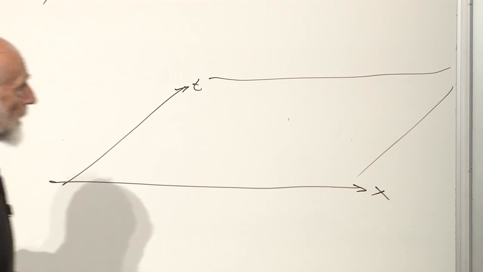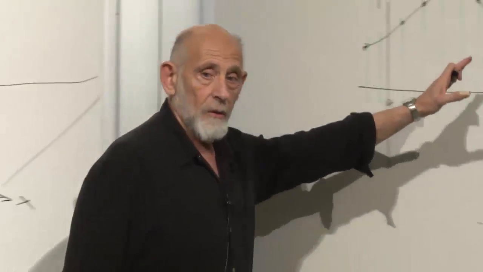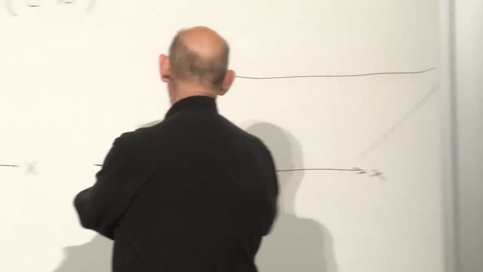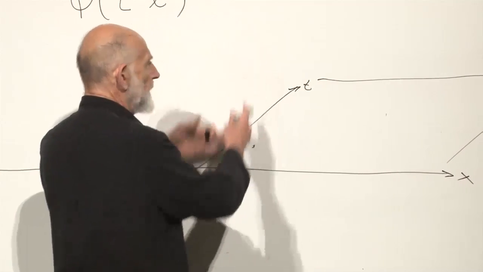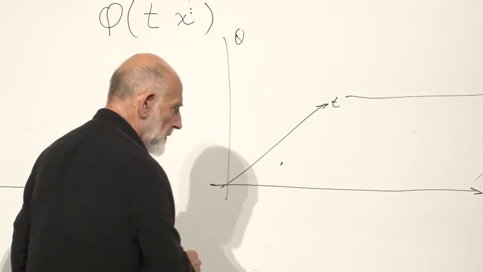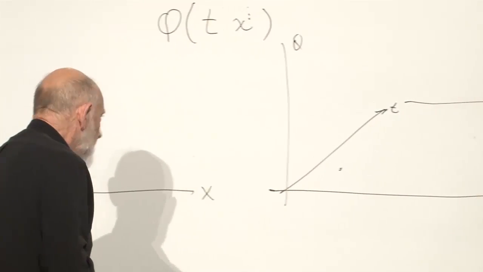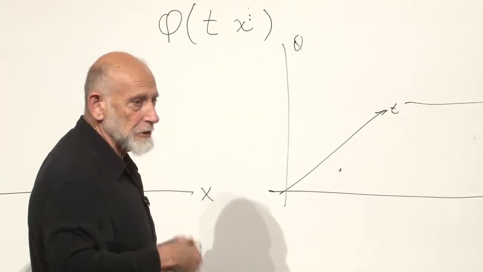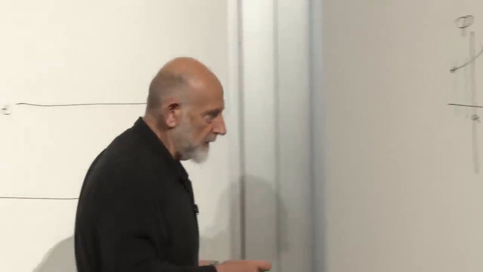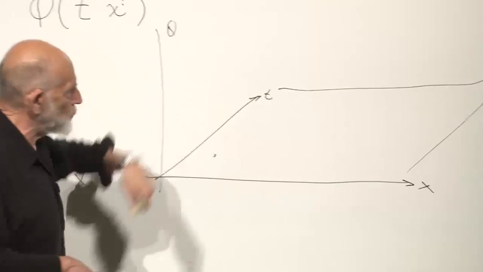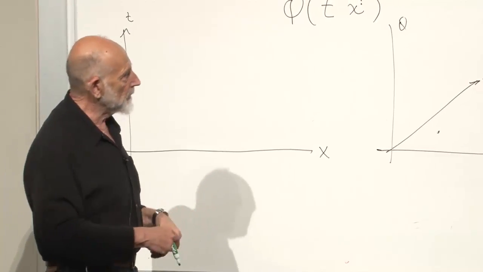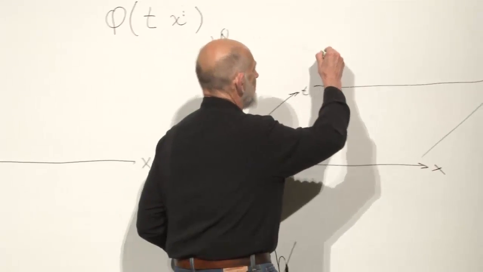Then how would I draw it? Would I draw it as a curve? No, it's not a curve, it's a surface. Above every point, or at every point, the field phi has a value, and so if I wanted to draw the whole history, just as I draw the history of the particle here, or the field, the one-dimensional field, if I wanted to draw the whole history in space-time of the field, I would draw it as a surface here.